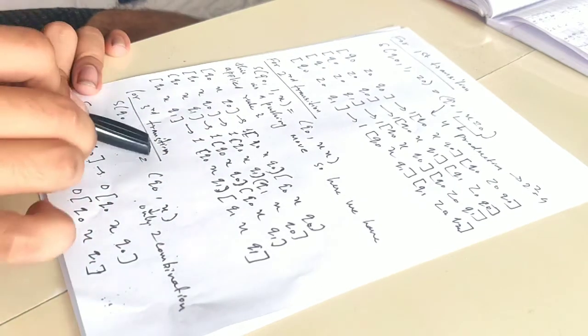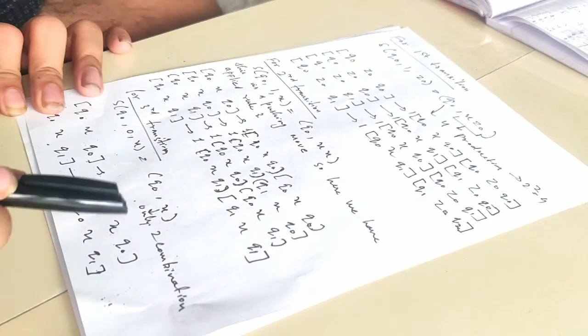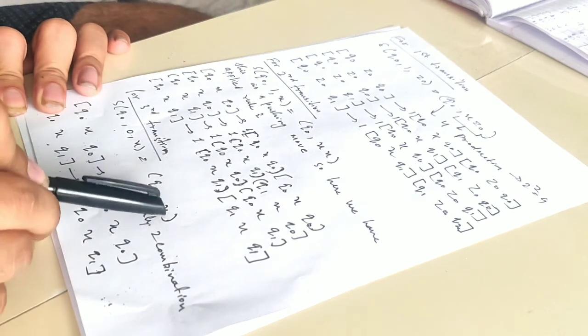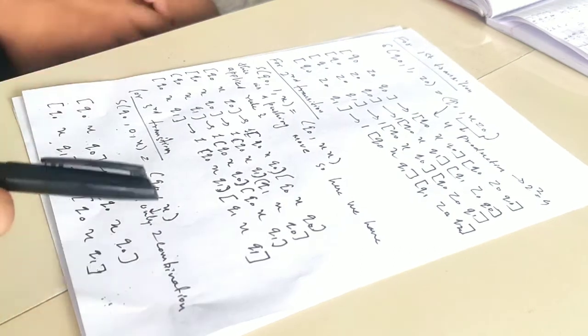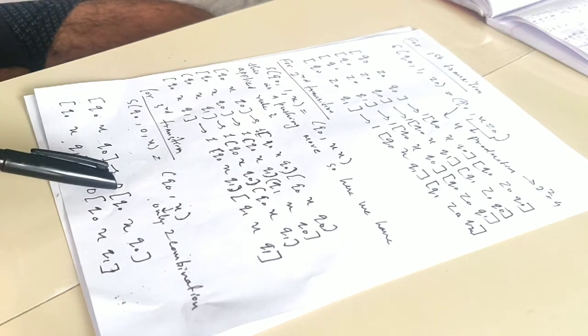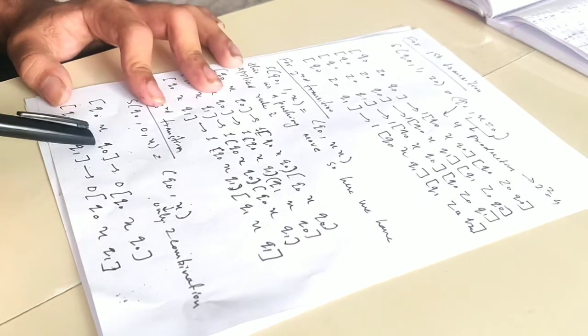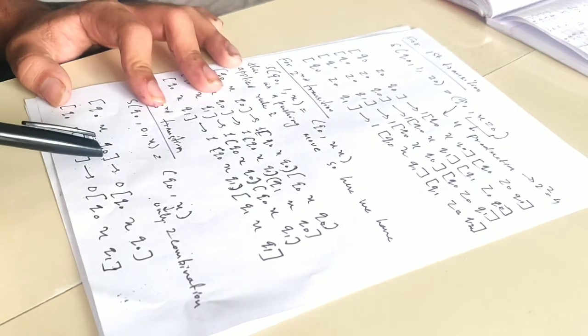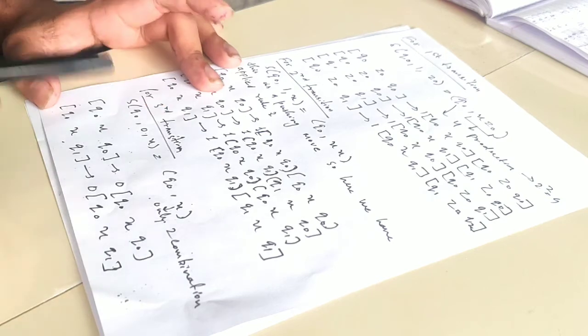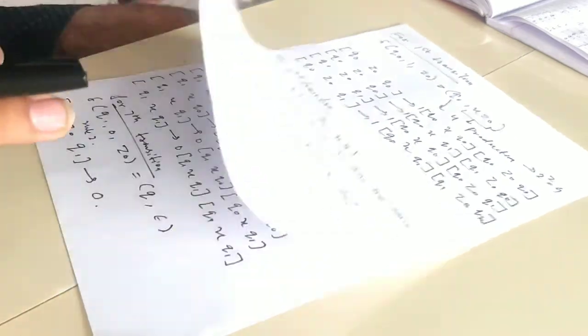Now let's see the third transition. Here the third transition will only have 2 combinations, because we have only a single one here. So Q0 will come here, X will come here, and the 0 will go here, and here Q0, and this one is X. And here we'll first do it for the Q0 state, then for the Q1 state. So in this way we'll solve this.